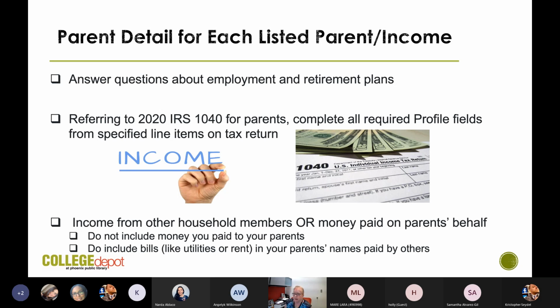You will note too, if you listed an additional parent who is not married to your custodial parent anymore or living with them anymore, you are asked on the CSS Profile to provide an email address for that other parent.